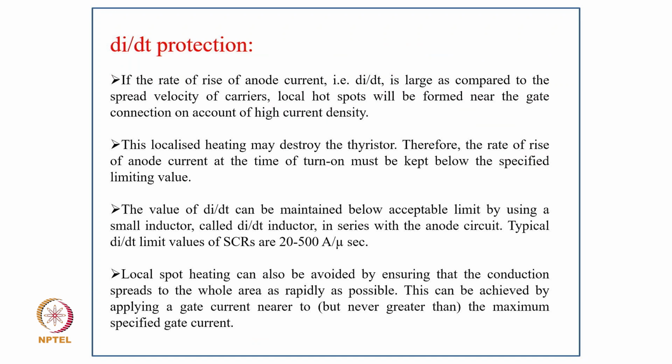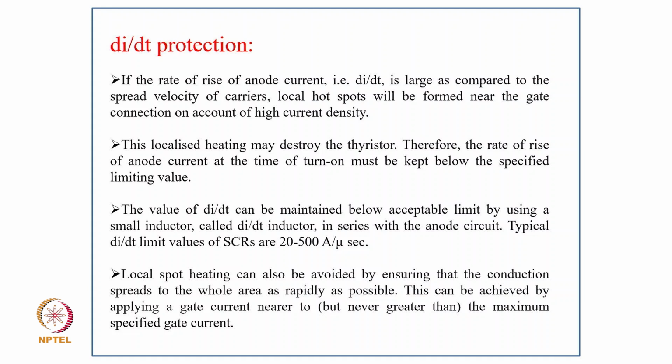Coming first to di by dt protection: if the rate of rise of the anode current di by dt is large compared to the spread velocity of carriers, a local hot spot will be formed near the gate connection on account of high current density, and this localized heating may destroy the thyristor.